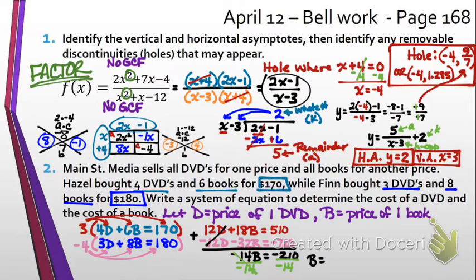It'll be negative 15. But we have a negative 210 and then a negative 14. Correct. Proud of you for being on it with the signs, though, because I miss those way more than I should. Okay, so B is 15. What does that mean? $15. Yep. Each book is $15.